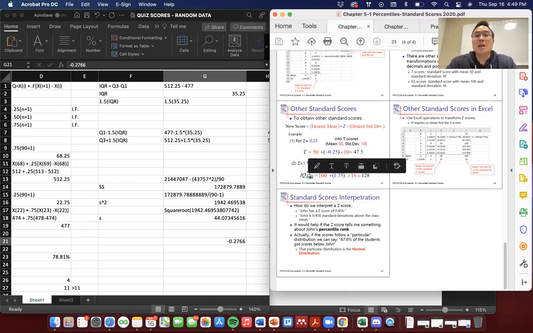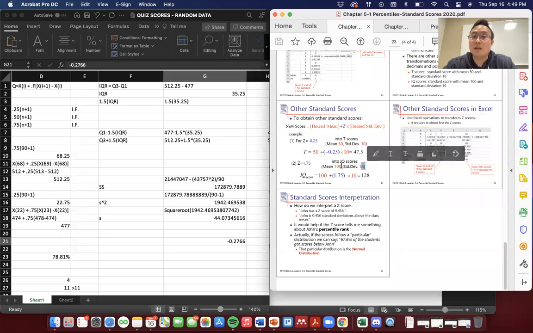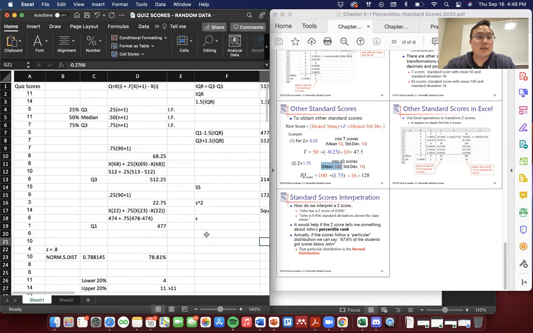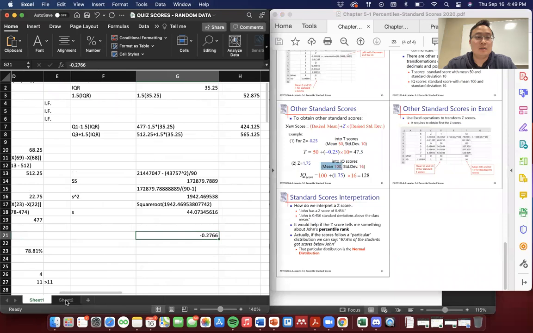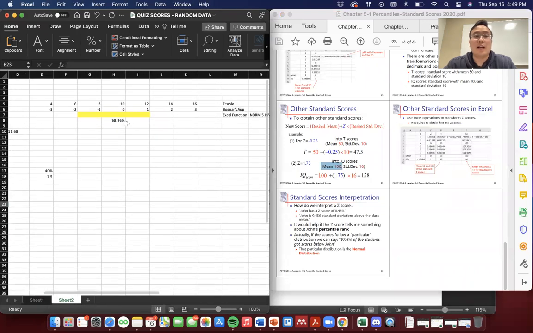IQ scores are just what the international community decided on. I don't know who decided it, but basically the mean is 100 and the standard deviation is 16. Oh, here it is. This is Z right here.